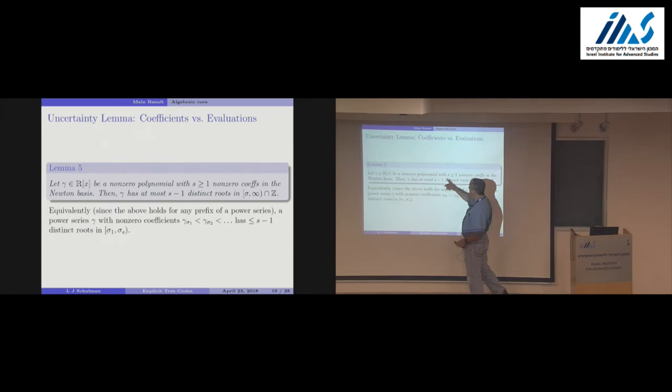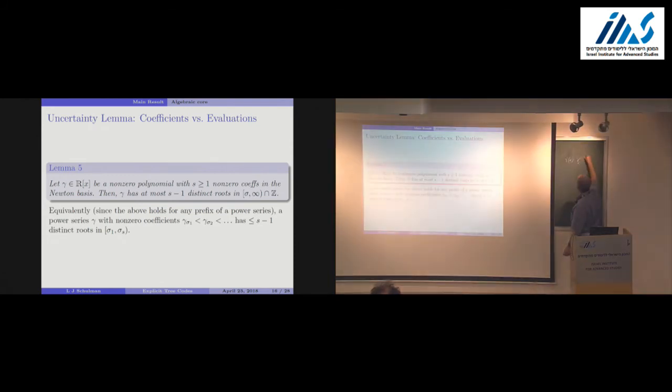So gamma is a polynomial of the form gamma of x is gamma sigma 1 times x choose sigma 1, plus all the higher things. This is the lowest place, so this is where we start making the distance requirement.